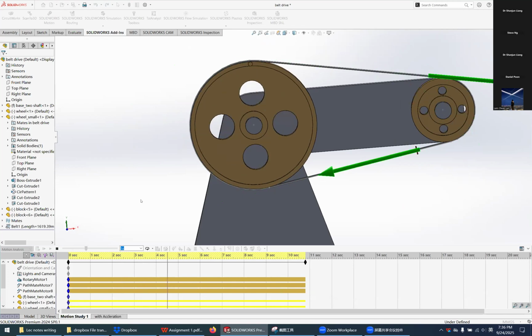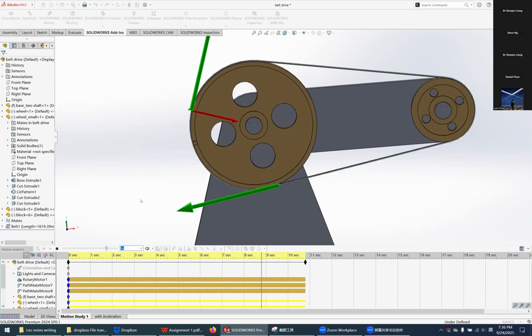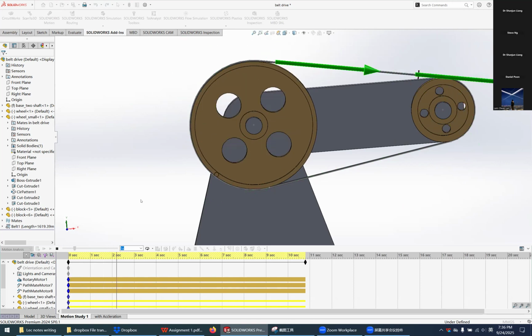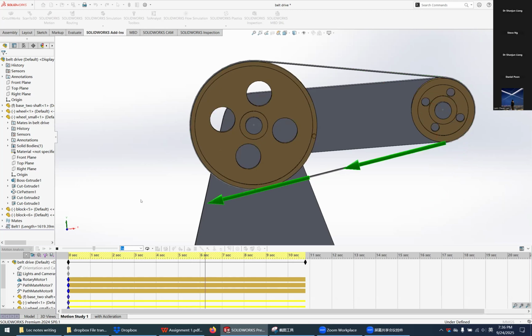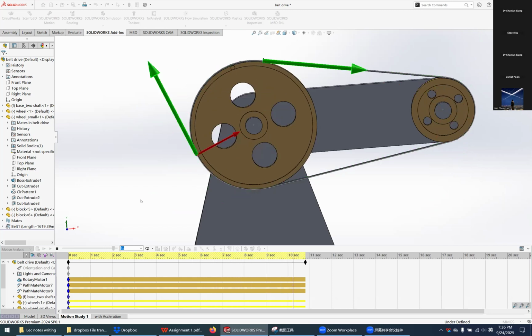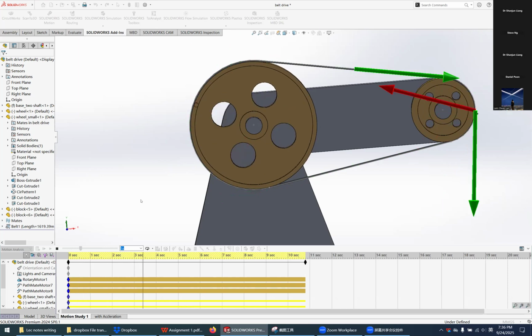Green one is the tangential acceleration, right? The red one is the normal acceleration, right? Red one is normal acceleration.